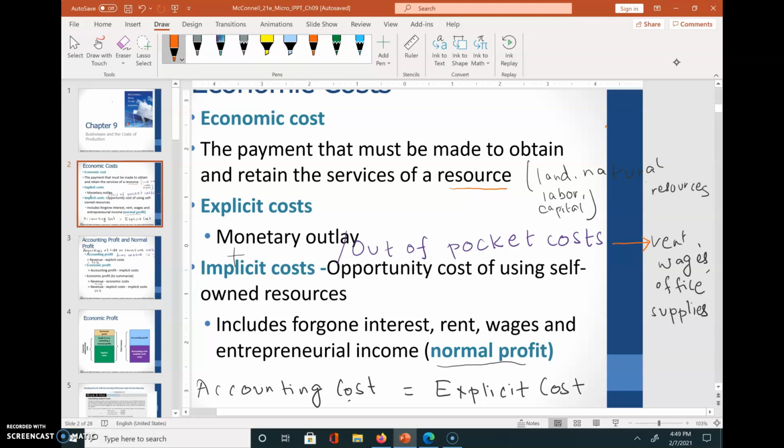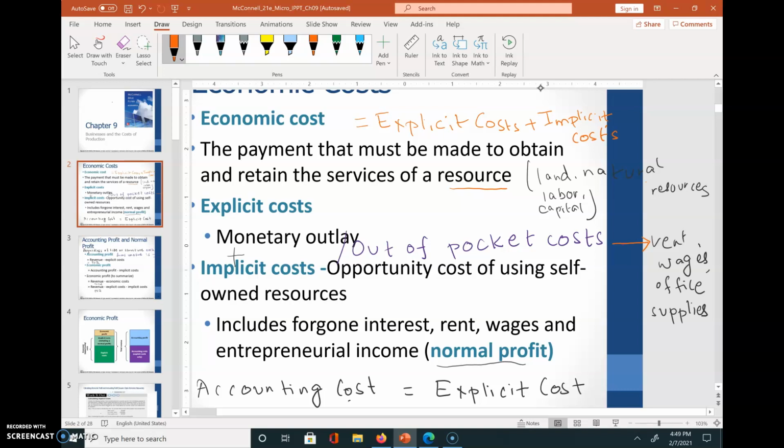And as you can see here, the accounting cost includes only explicit cost, but economic cost includes the explicit costs, with that, we have the implicit costs of production.